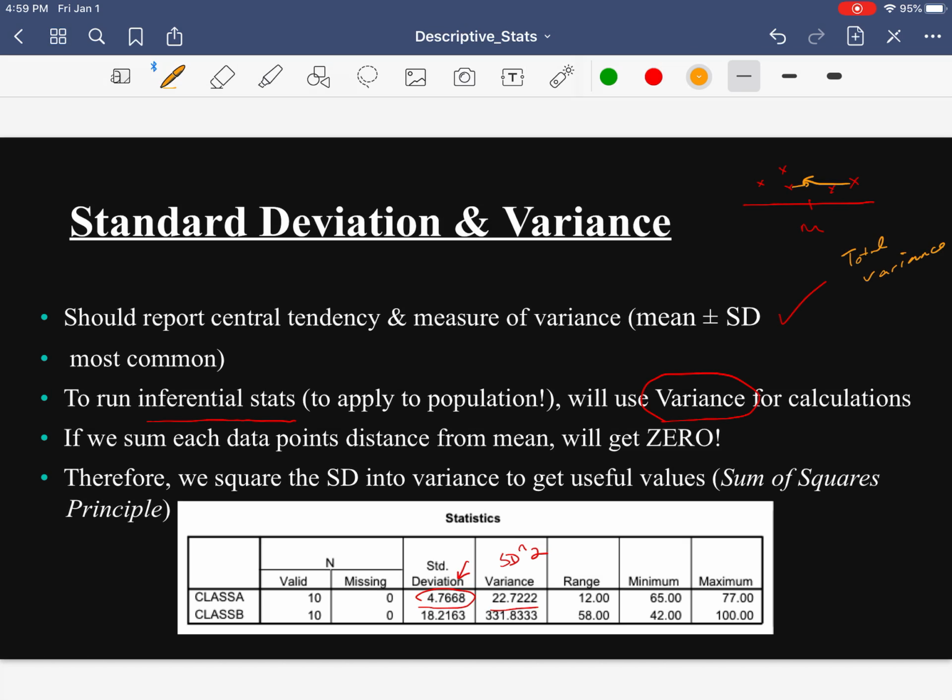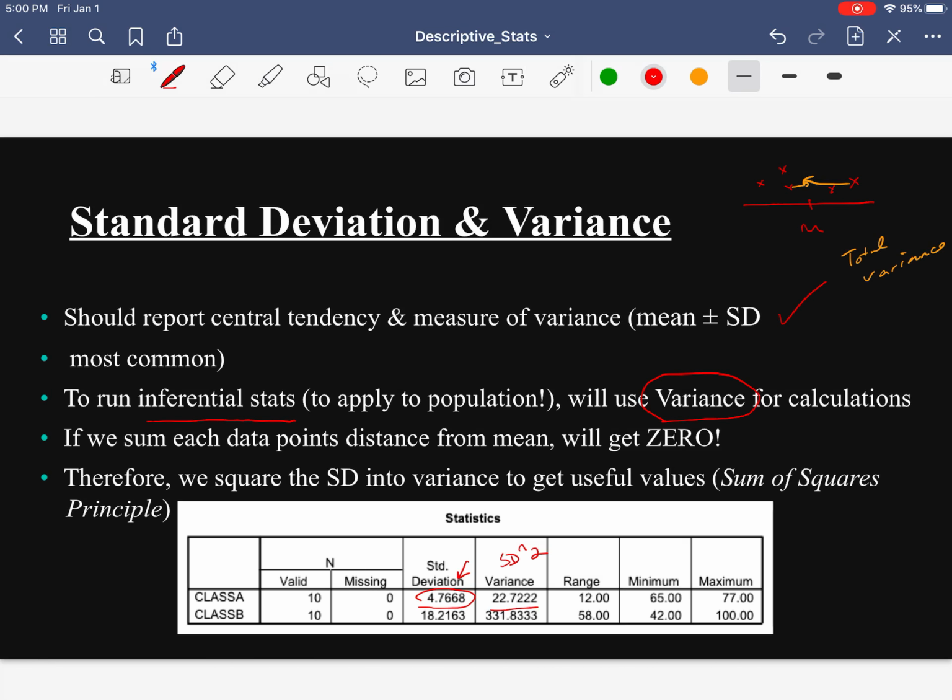But if I take the total variance, if I look at each data point minus the mean, and I add that up, I get 0. Right? If we add up the distance of each data point from the mean, I'm going to get 0. And that is not useful for me mathematically, right? How can I get an idea of total variance if it's always going to be 0? So simply said, folks, that's why we use variance.